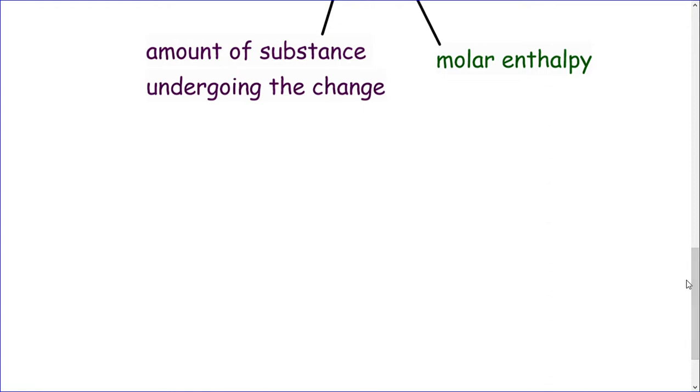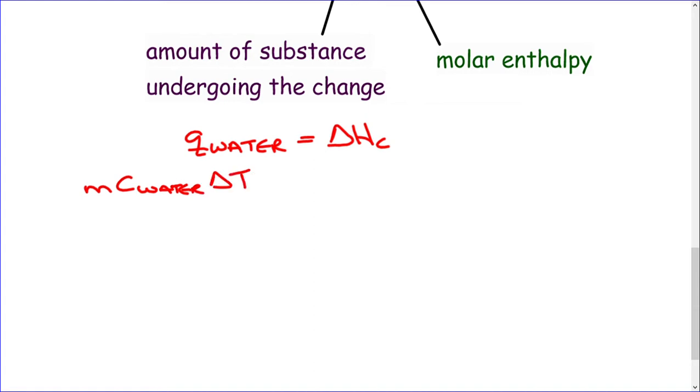So we can start off and say I've got Q water, and that's going to equal delta Hc. Now we know Q water is mc water delta T, and our delta Hc is our nHc value.